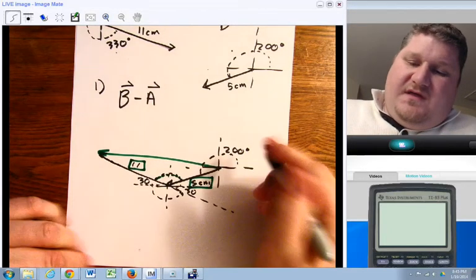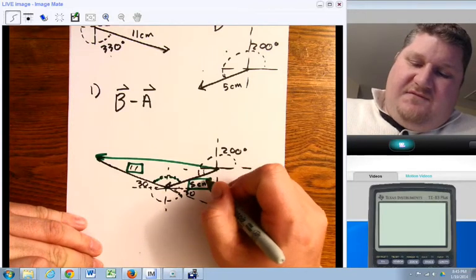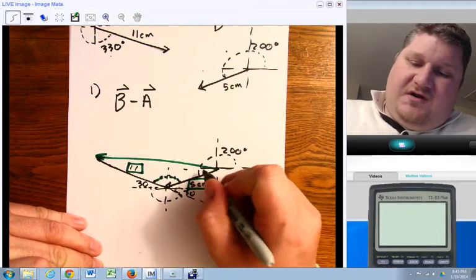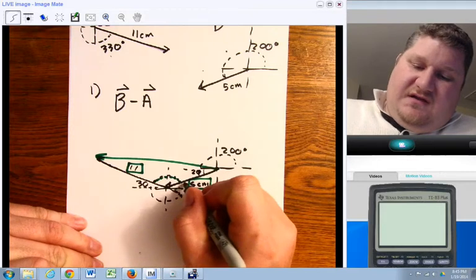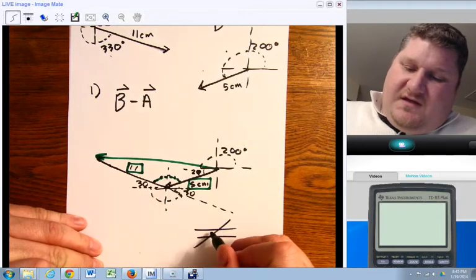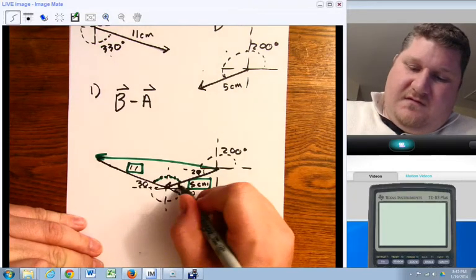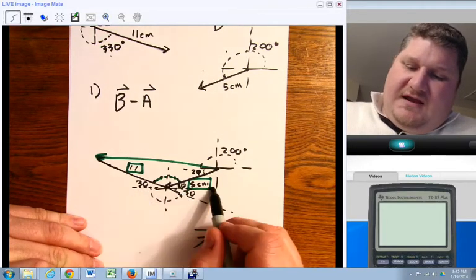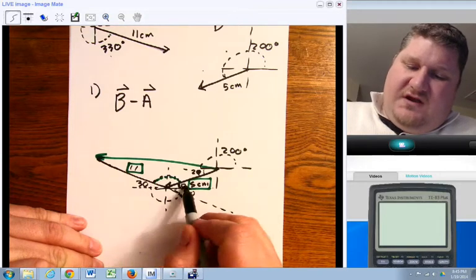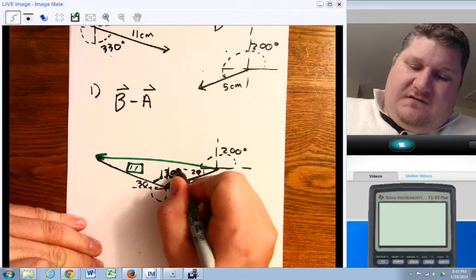Now, if this is 200, that means from the axis down is going to be 20 degrees, which means opposite angles. So if I have alternate interior angles, if this is 20, this is 20. So I have 180, take out 20, take out 30, leaves 130 degrees.